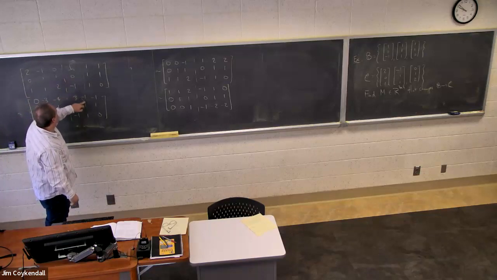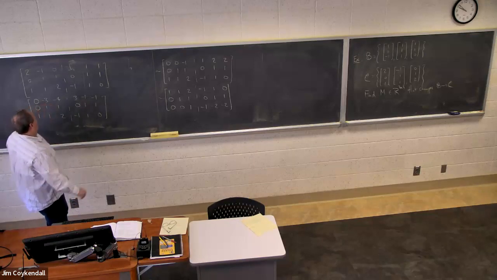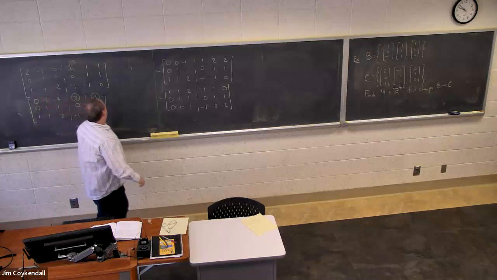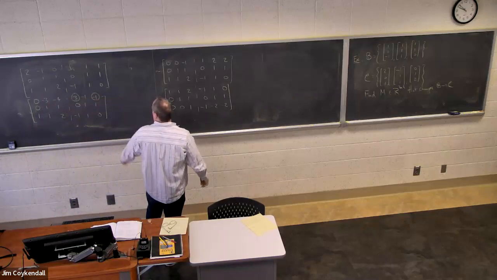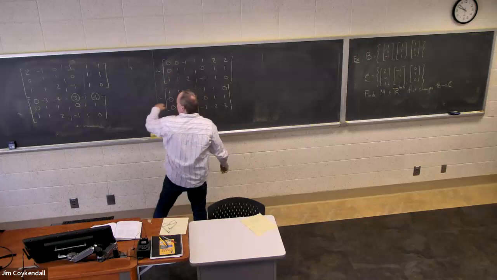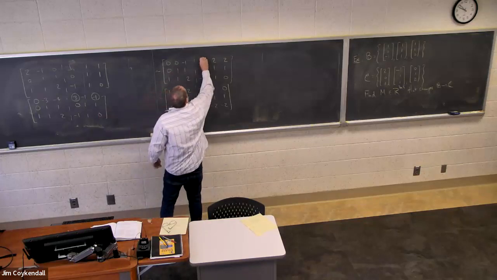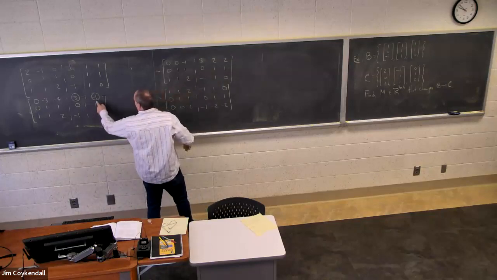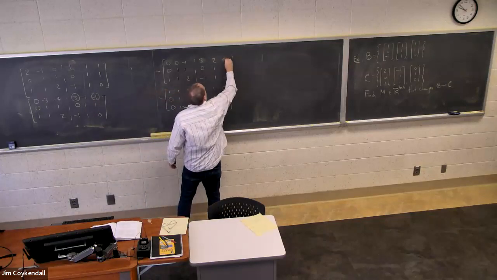Negative two and add is -1, and times negative two and add is 1. These are changed. And then what did I do? Times 3 and add. So that's going to be 3, 2, 4, isn't it?